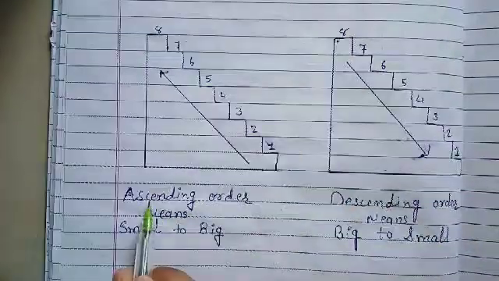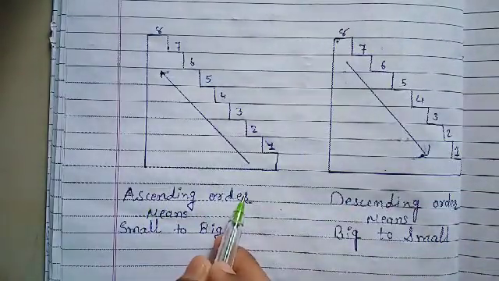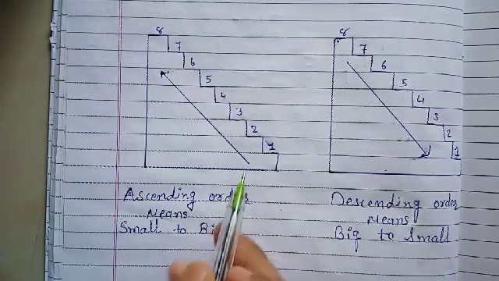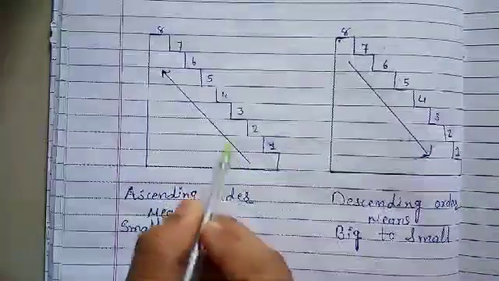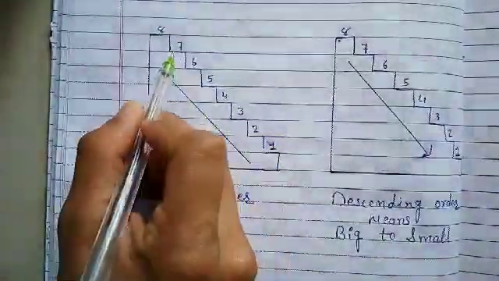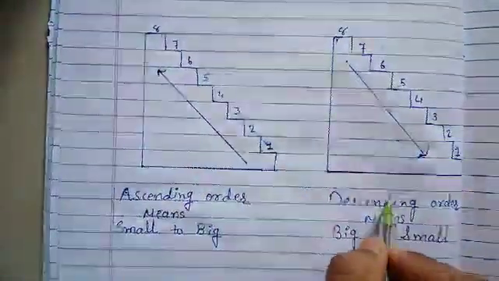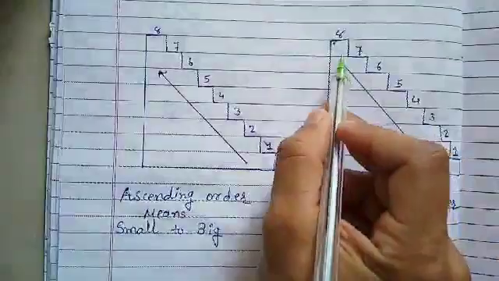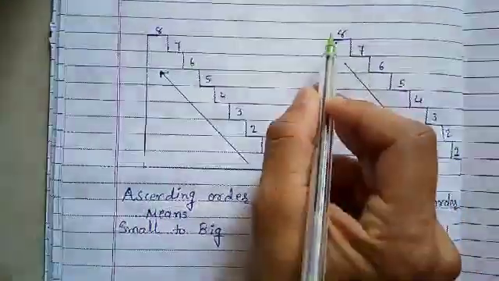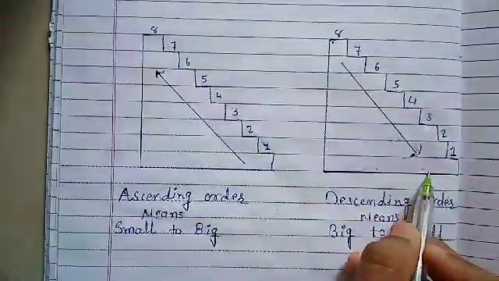So ascending order means the numbers are going up, smaller to bigger, and descending order means coming down, bigger to smaller.